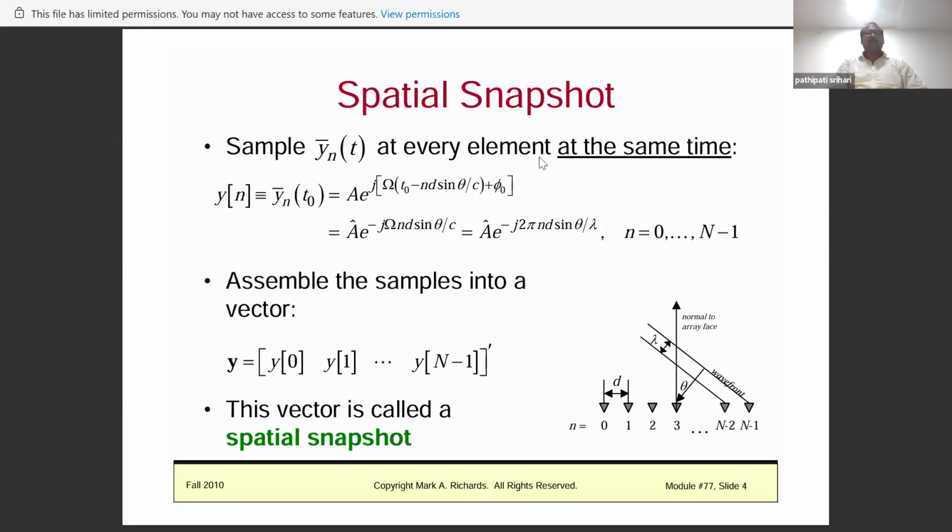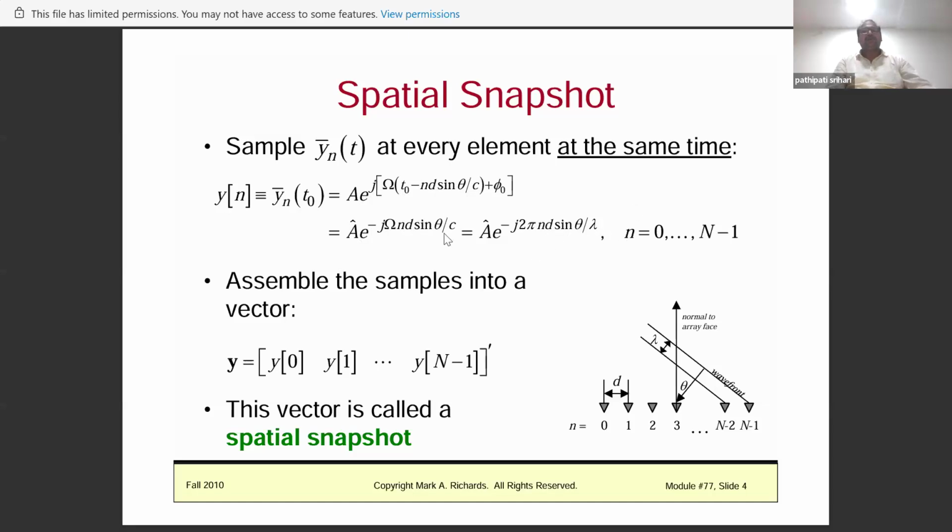So if you algebraically rearrange this by taking e power j omega t naught plus phi naught as one term, and e power minus j nd sine theta by c as another term, then a e power j omega t naught plus phi naught will become a hat, e power minus j 2 pi nd sine theta by lambda.